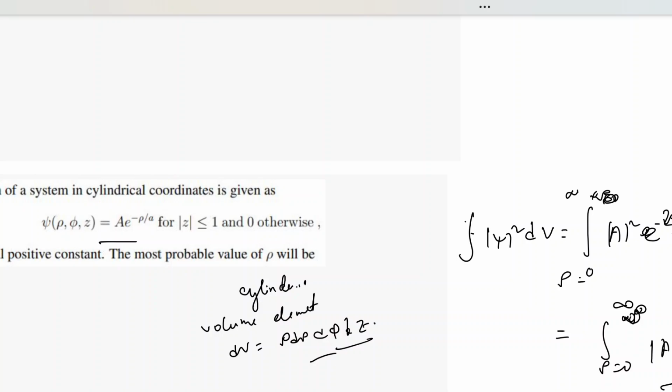So for this to be maximum, sorry, I have not taken the derivative properly.